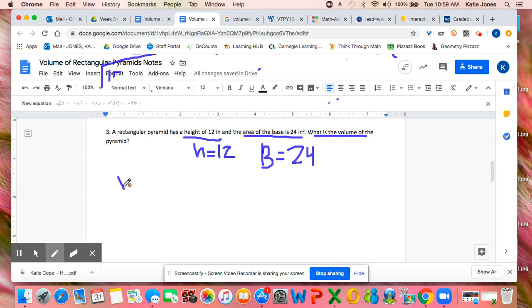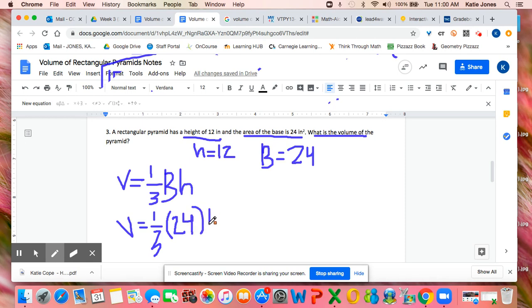So we have V equals 1/3 big B times H. So I'm going to replace my big B with 24, because it's what the area of the base is. And then I'm going to multiply that by my height. And again, it doesn't matter if you want to multiply 24 and 12 first or if you want to divide 24 by 3 first.